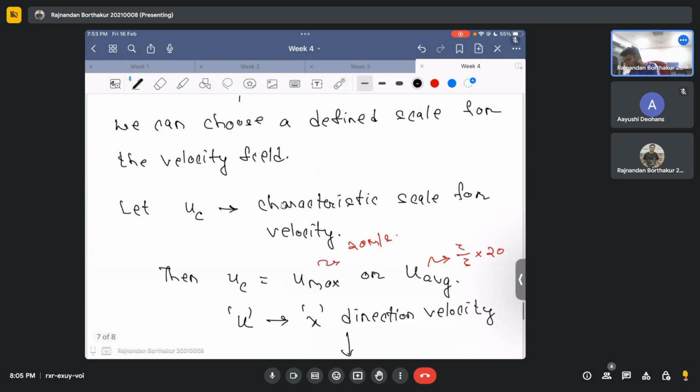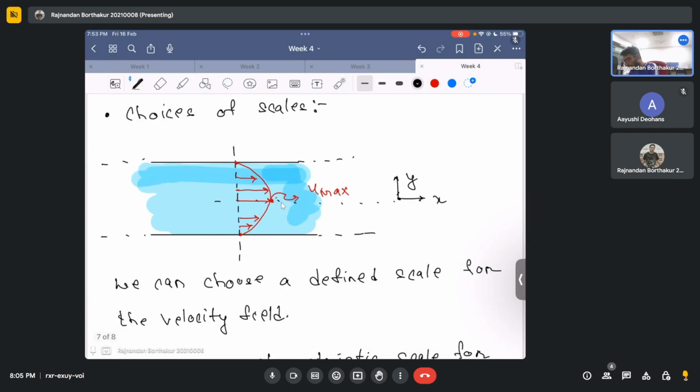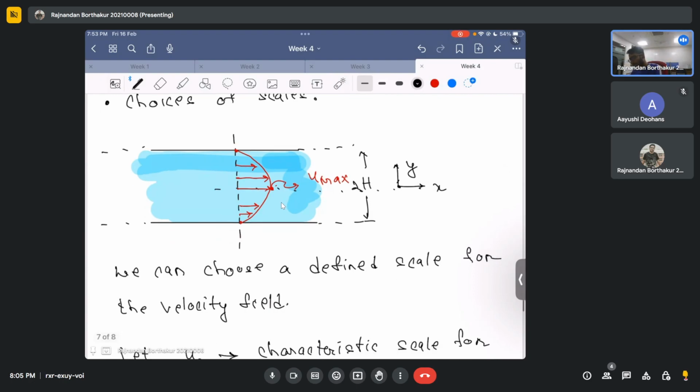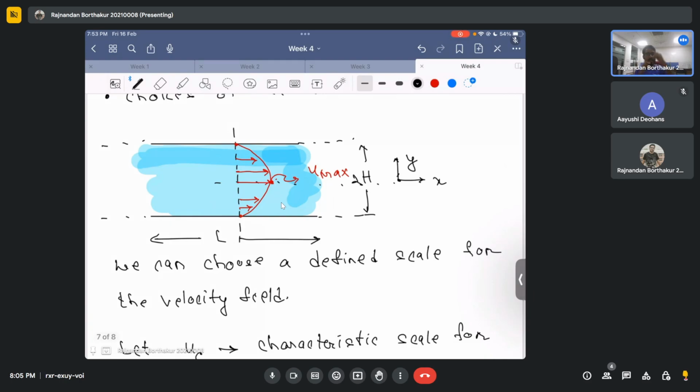Based on this physical picture only, if I take the channel height to be 2h, and the channel length to be L, I have given it two dimensions. Let's say g is equal to 2 times h, where g is just a number equal to 2 times the height h.